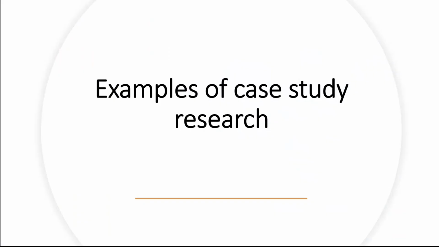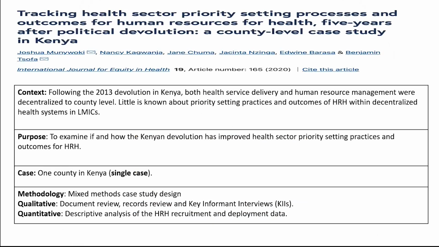So now I'm going to present some examples of case study research, and I'm hoping that as we go through the examples, you'll see the elements which Gloria and I have talked about are important for case study design. The first one is by a group of colleagues in Kenya who were looking at tracking health sector priority setting processes and what outcomes that might mean for human resources for health.